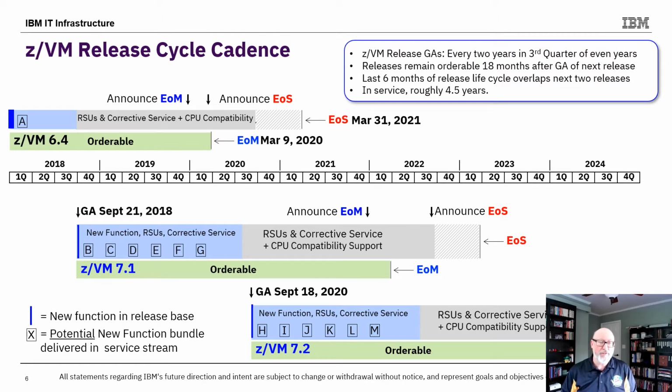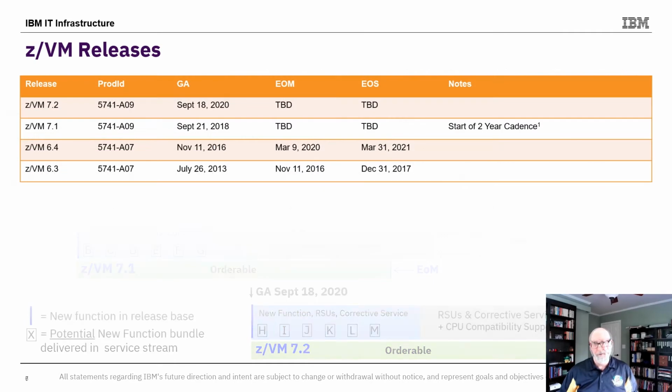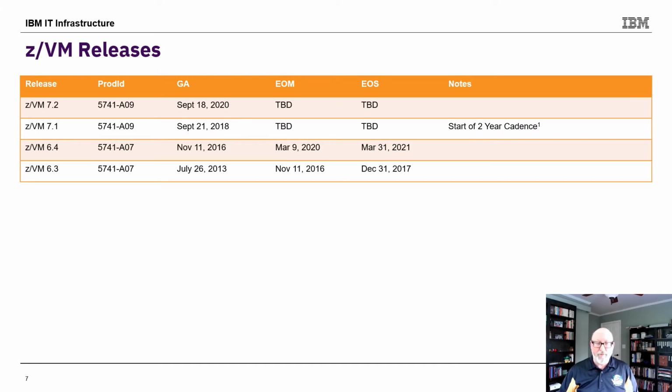The other slight difference you might recall from previous releases is that when 7.2 became generally available, we still market 7.1. So some of you that don't want to be on the leading edge, who are on 6.4, may have wanted to migrate to 7.1. A little reminder there: 6.4 did go out of support earlier this year.